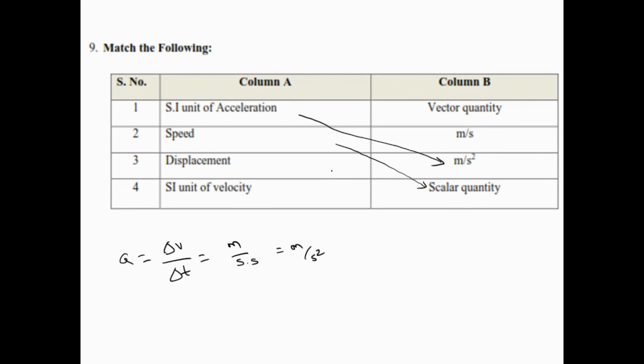So the displacement gives you the vector value, that means it gives the magnitude as well as the direction. And the last question, the SI unit of velocity. The velocity unit is displacement over time. The displacement unit is meter and the time unit is second. So the answer for the fourth question is meter per second.